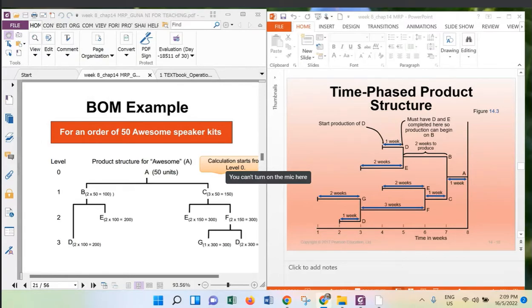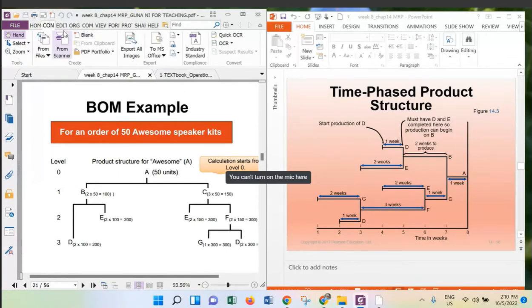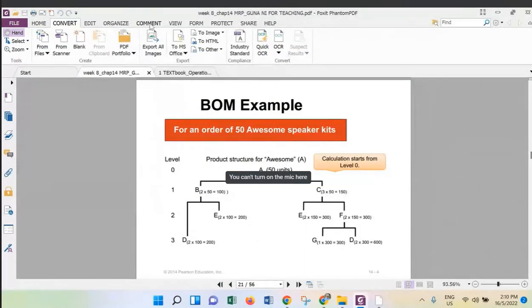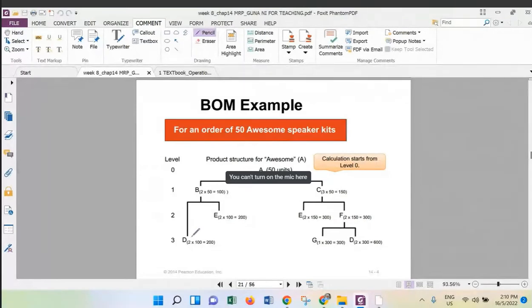And time phase product structure must include the lead time for every component or for every sub-assembly. Alright, if you see the most bottom, or the lowest level, this is mainly the component.